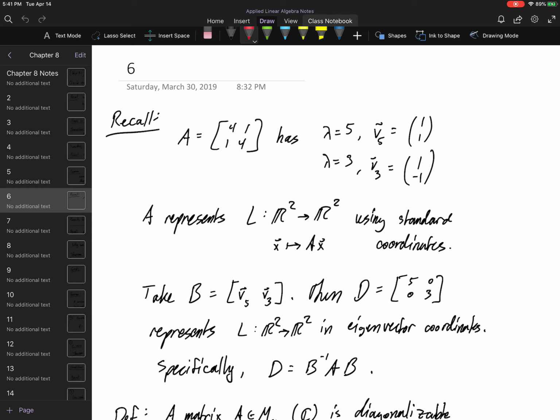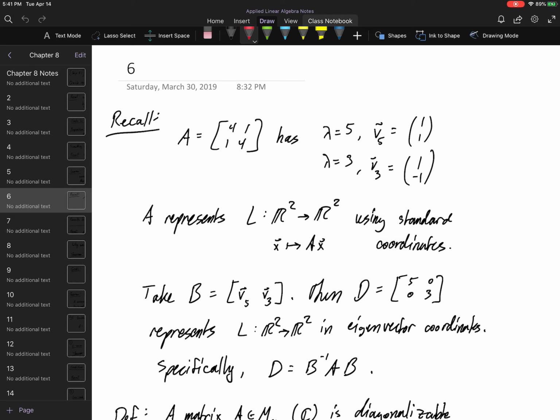So recall, we did this in the previous video or two. We already showed that this matrix A equals [4 1; 1 4] has eigenvalues 5 and 3. So I can go ahead and construct eigenvectors (1, 1) and (1, -1) for each of them respectively.